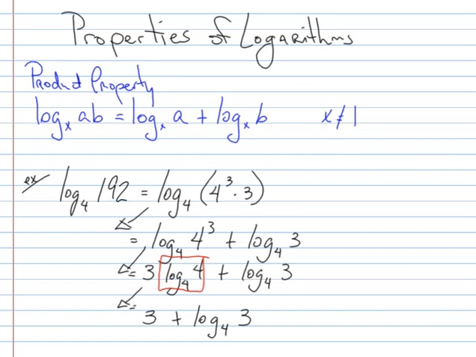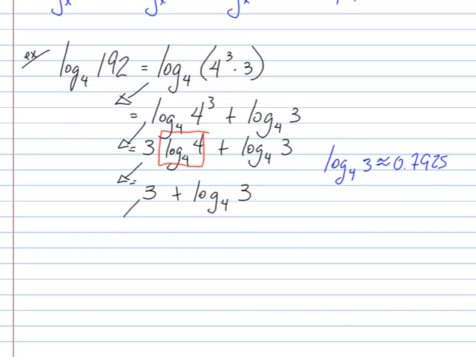So now if I'm told that the log base 4 of 3 is approximately 0.7925, I can substitute that in and see that 3 plus 0.7925, and I actually get a nice approximate answer here of 3.7925.